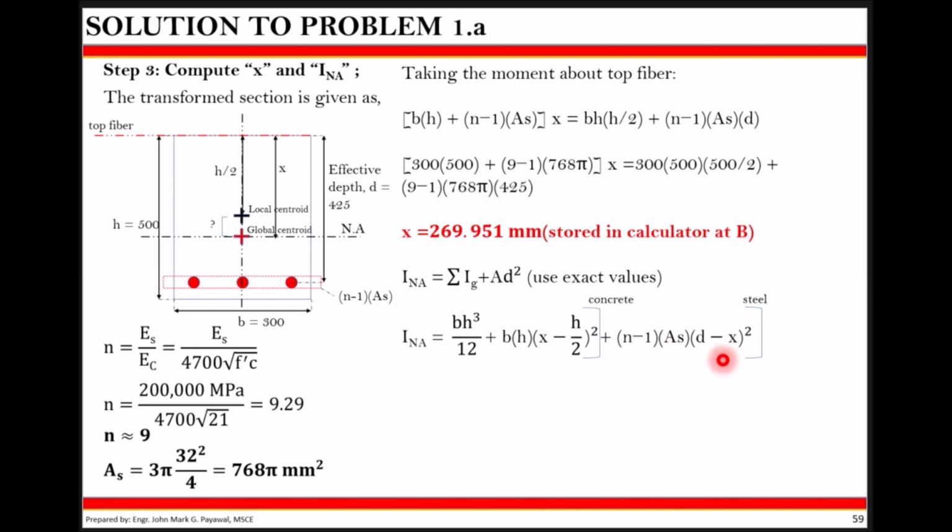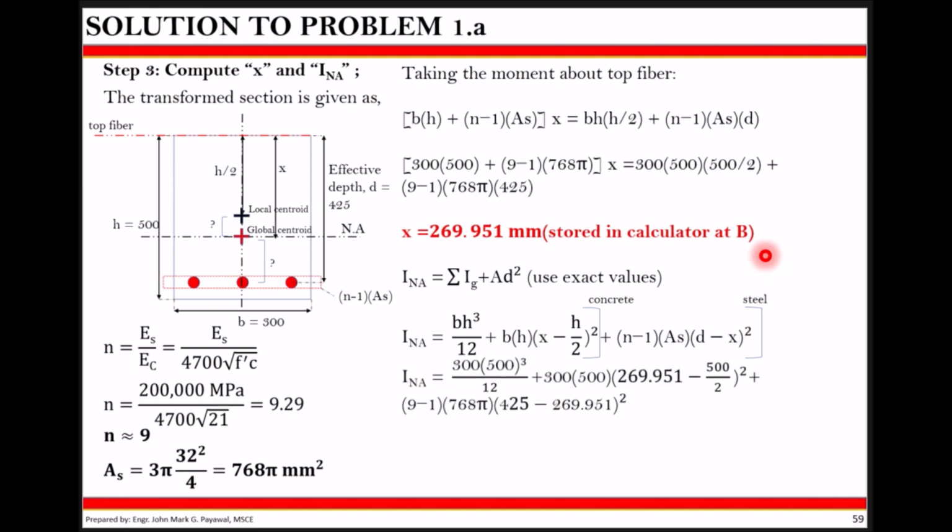Paano siya naging d minus x? If we take a look again at this figure, we can see that from this point up to this point is d, the effective depth. From this point up to this point is x. Therefore, the difference between the two is d minus x, in which we can put now your x value, which is 269.951.